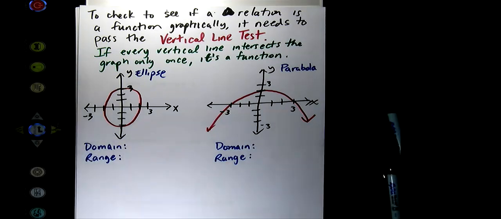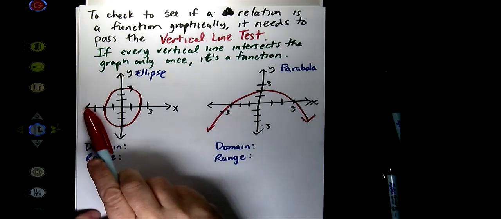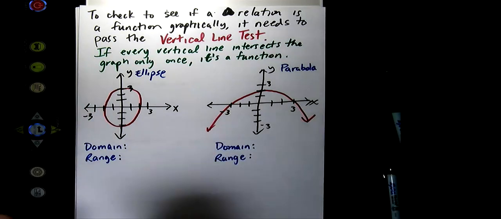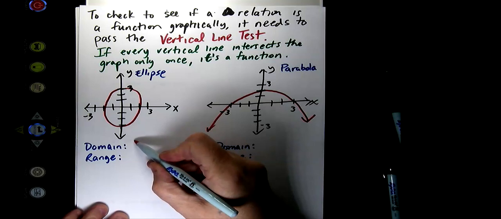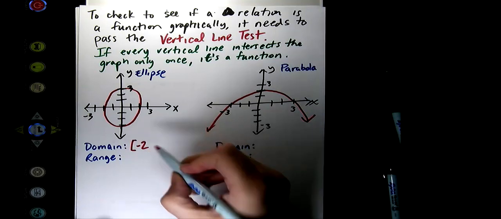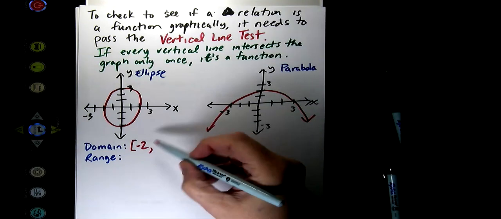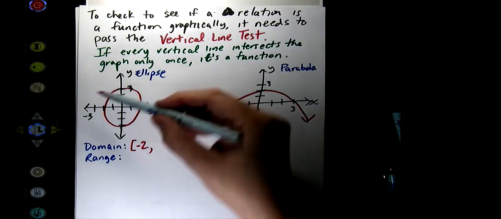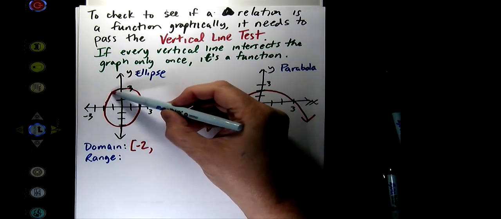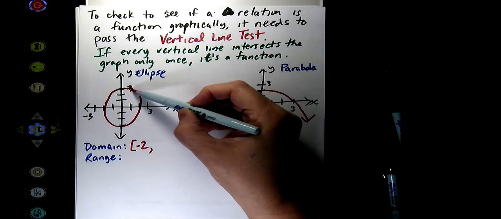The domain is all possible x values. So if I start on the left and I go right for the ellipse, the numbers start at -2 and they actually hit -2. And they continue on over, I'm hitting it, all x values occur all along the top.